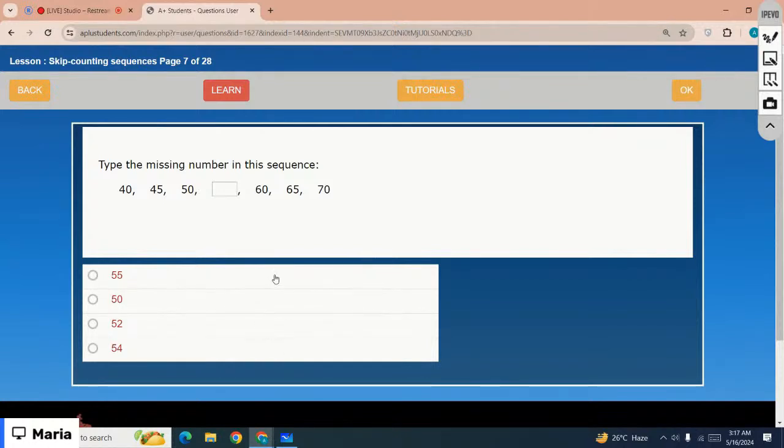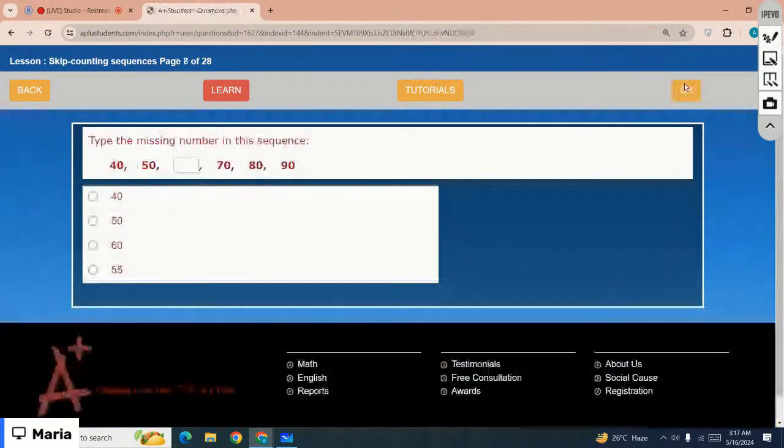So that is 55 is the missing number. Type the missing number in the sequence.